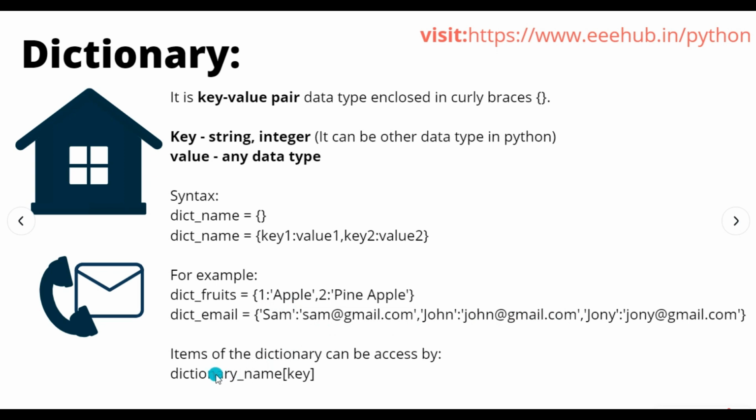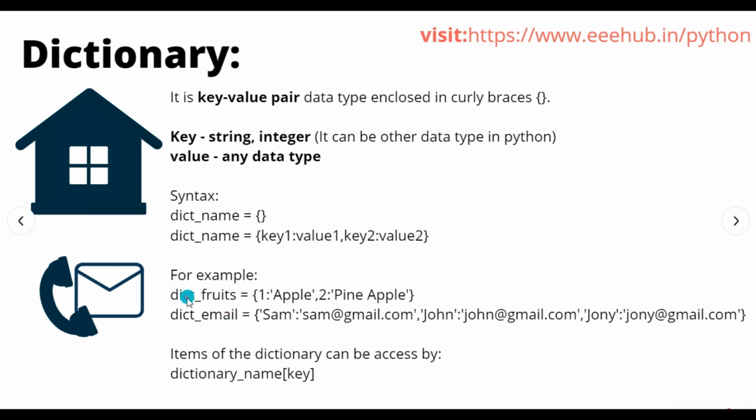Now we will see how we can access data from the dictionary that we have created. First you write the dictionary name followed by open and close square brackets, and inside the square brackets you write the key of the value that you want to bring from the dictionary.